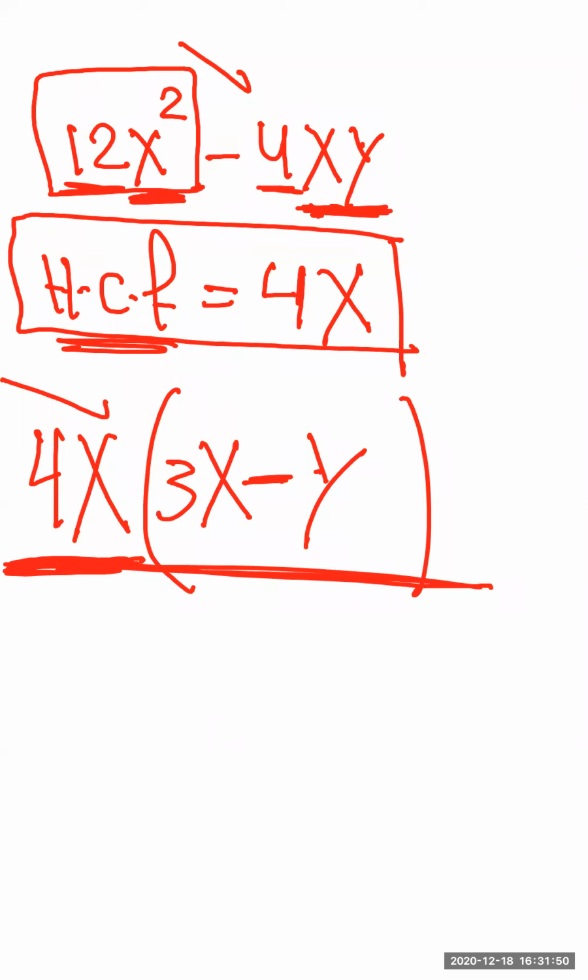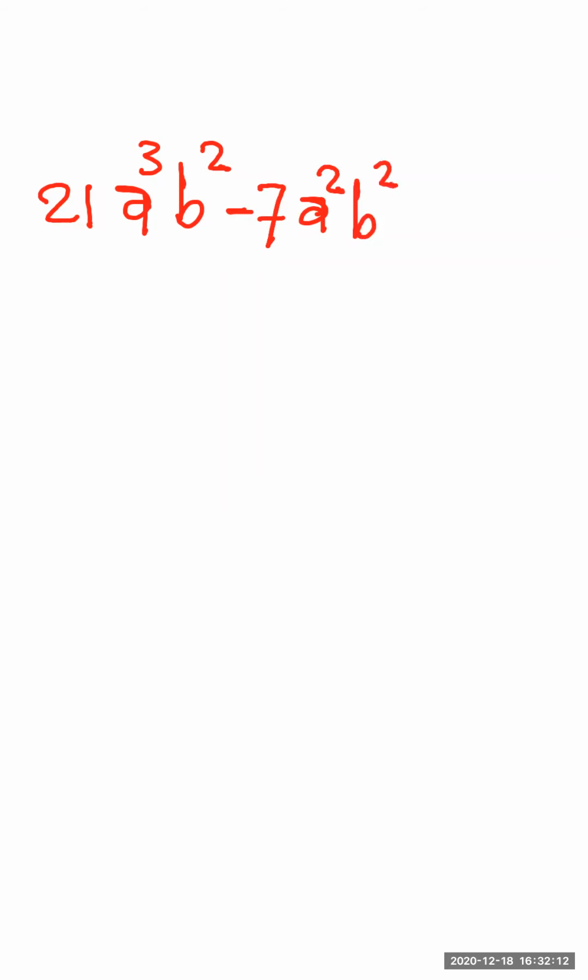Okay, guys, that's great. Then one more question. Factorize 21a power 3 b power 2 minus 7a squared b squared minus 35a squared b power 3.